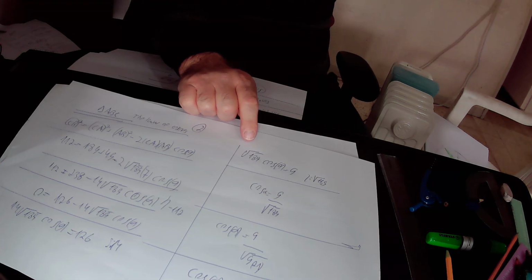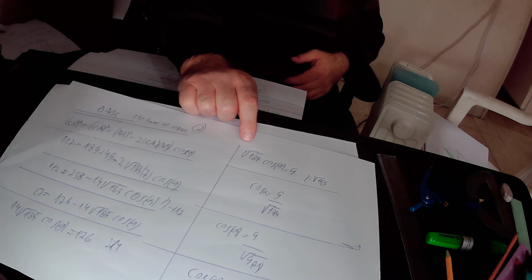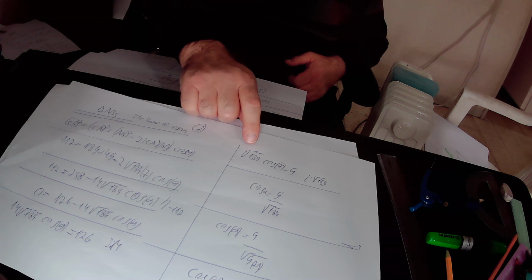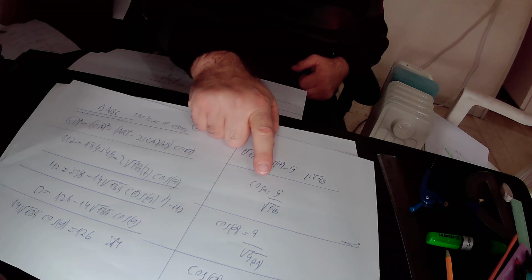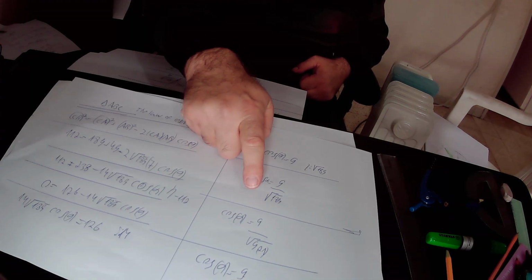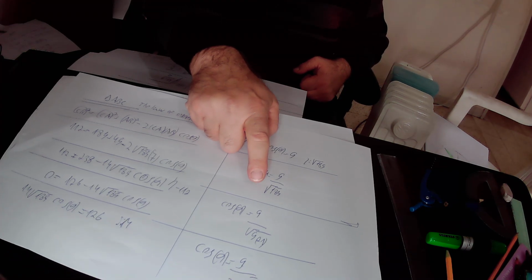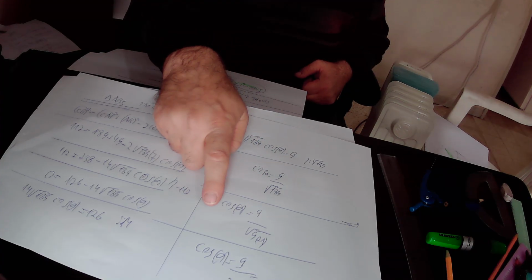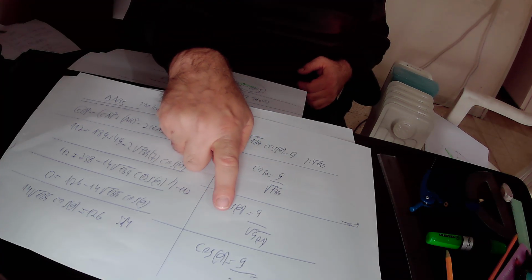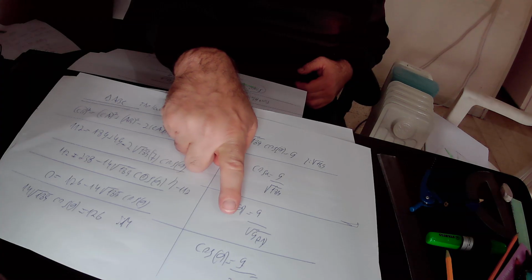Here we divided this equation by square root of 189, so cosine alpha equals 9 over square root of 189. Here we substitute 189 by 9 times 21, so cosine alpha equals 9 over square root of 9 times 21. The square root of 9 is 3, so cosine alpha equals 9 over 3 times square root of 21.